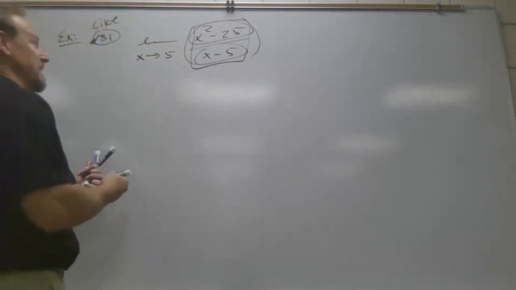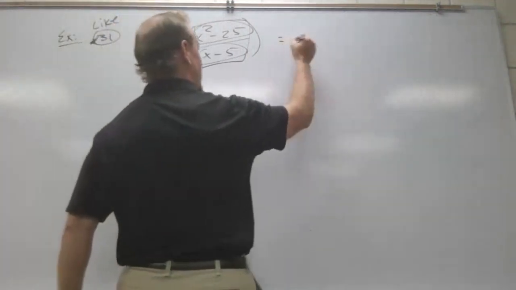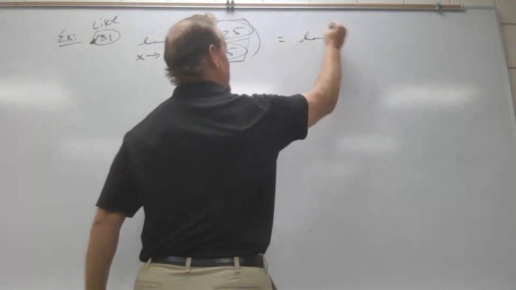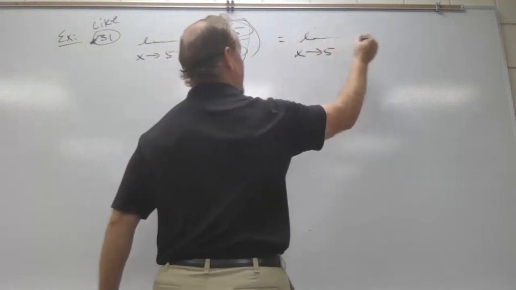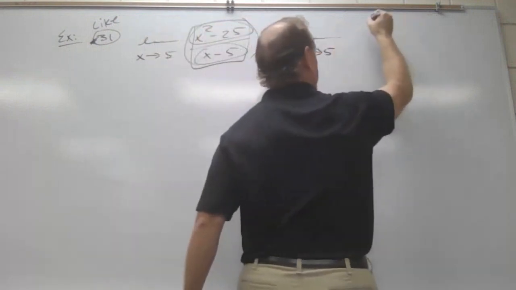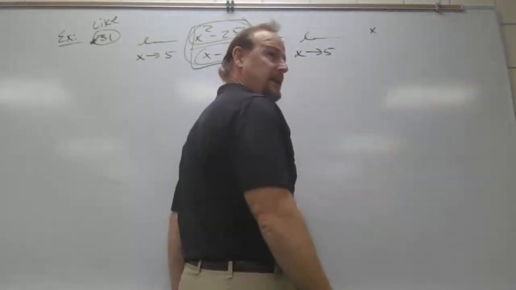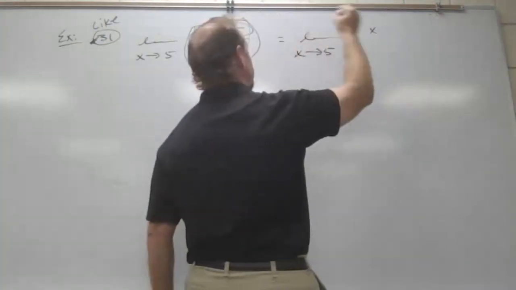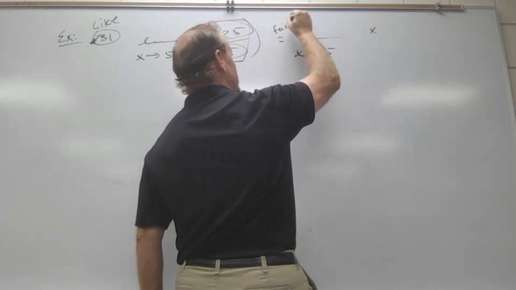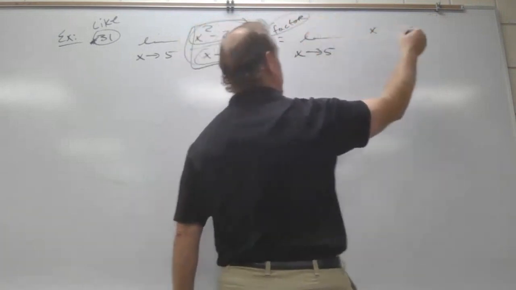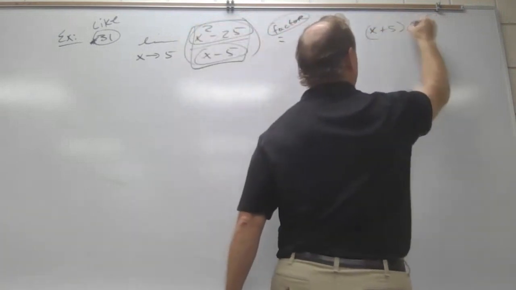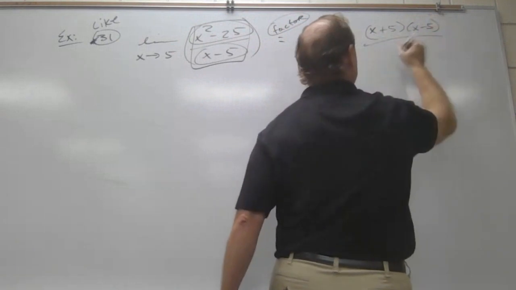So what can I do here? How can I manipulate this? We already did this. This is the limit as x approaches 5 of what? We did this back in section 1.1, I believe. We're going to manipulate by factoring, aren't we? So this is x plus 5 times x minus 5 all over x minus 5.